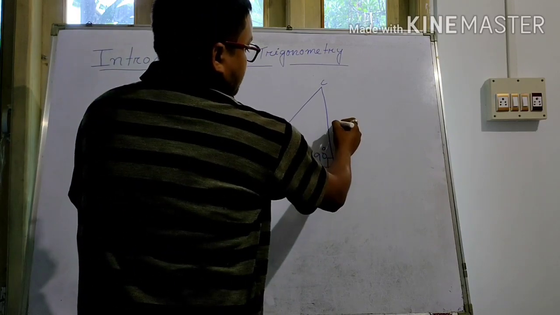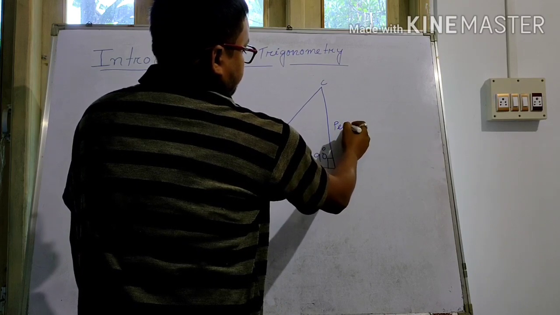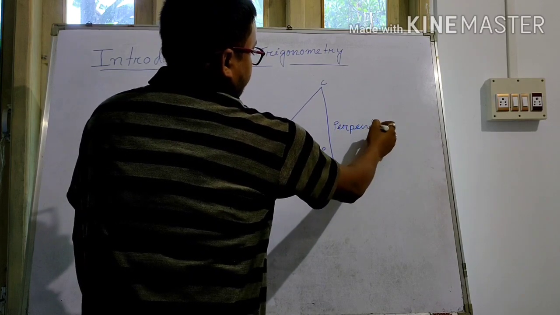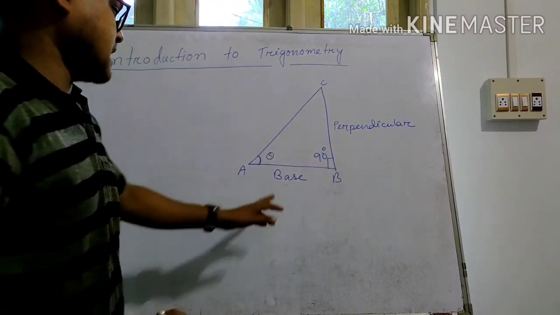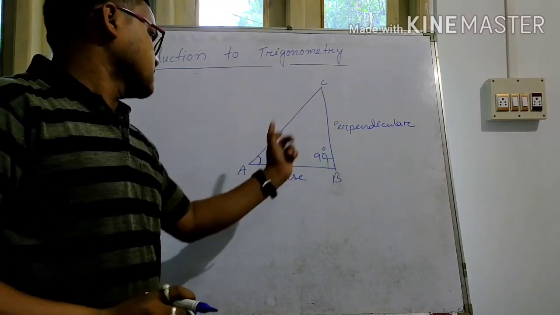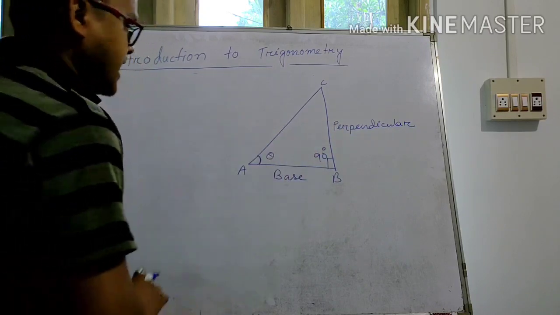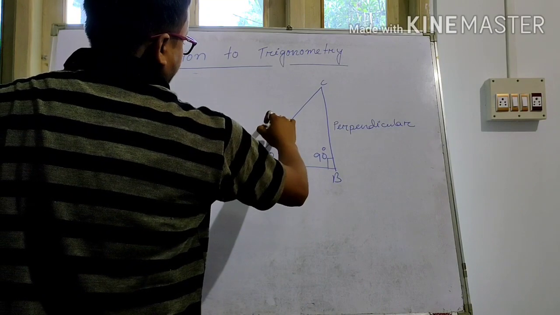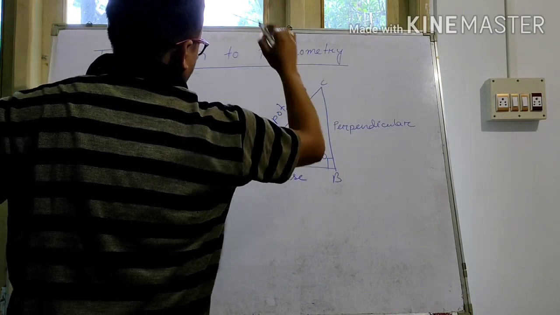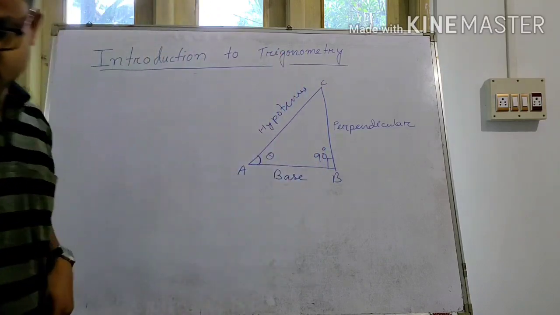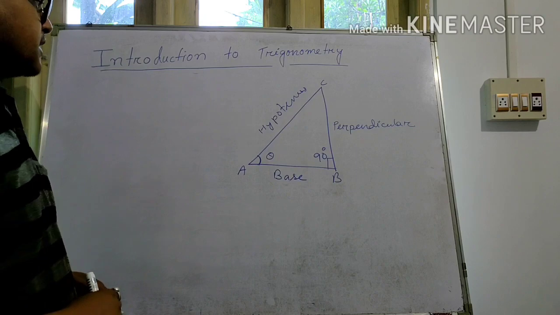And this is the perpendicular, the side opposite to this angle. And this is the hypotenuse.